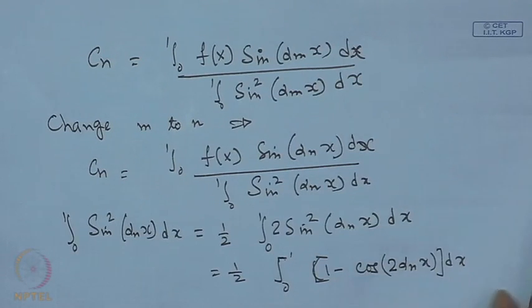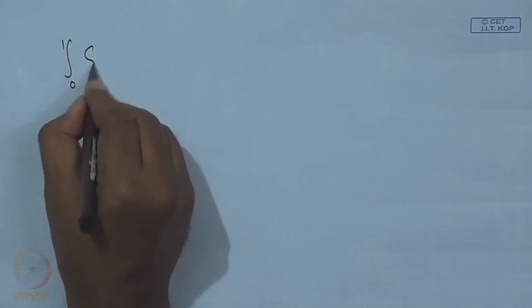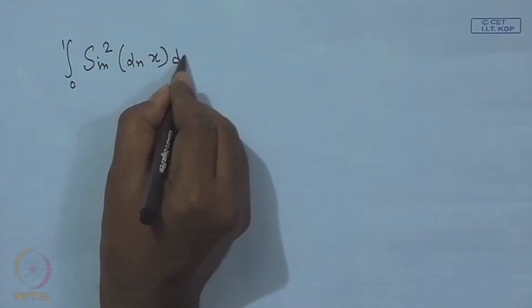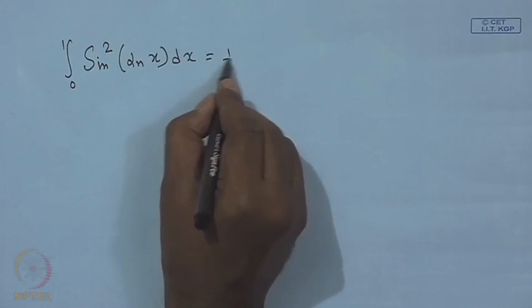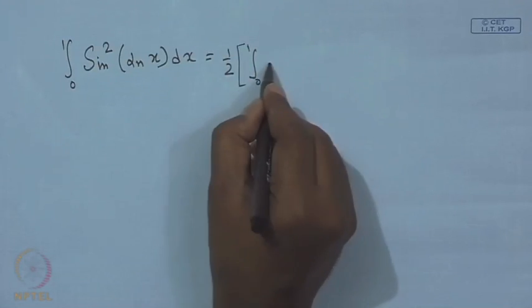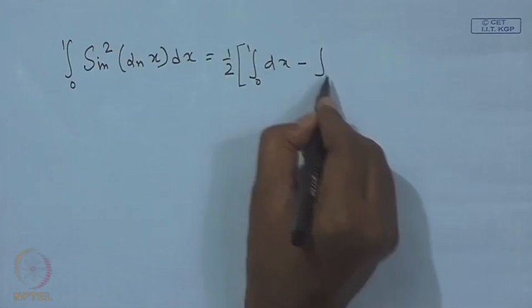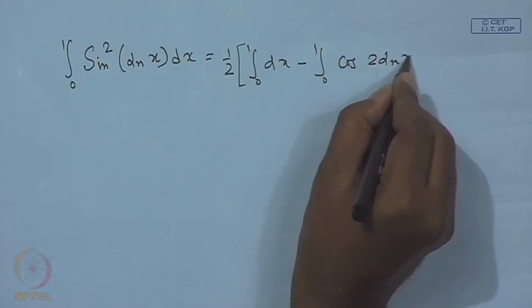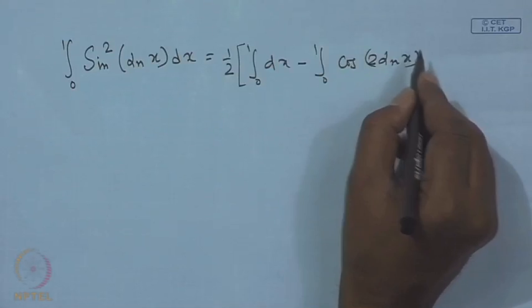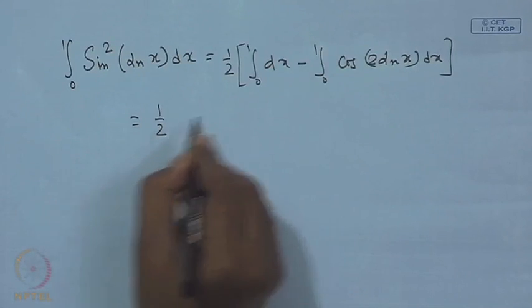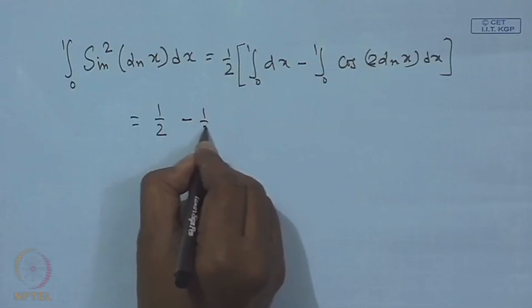So, we carry out this integral. The integral from 0 to 1 of sin square alpha n x dx is nothing but half the integral from 0 to 1 of dx minus half the integral from 0 to 1 of cosine 2 alpha n x dx. So, this becomes half minus half.